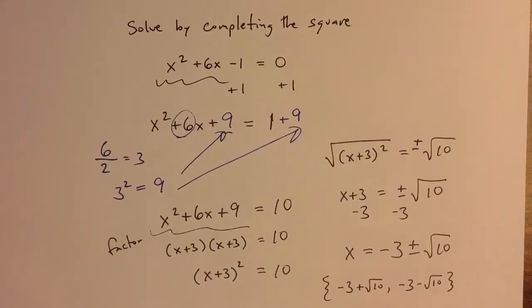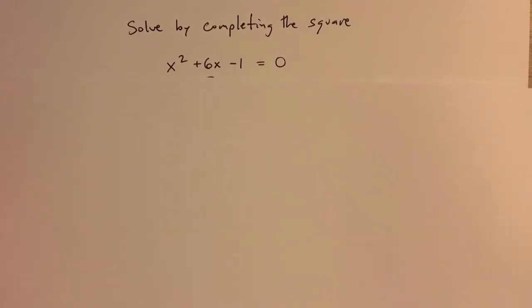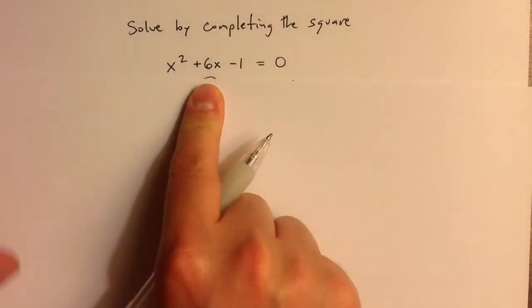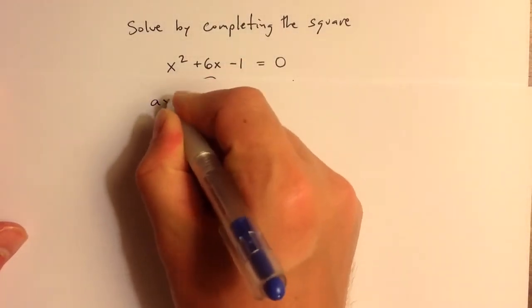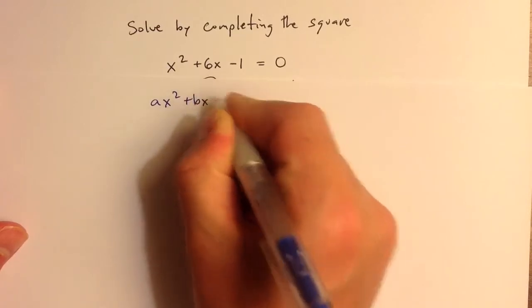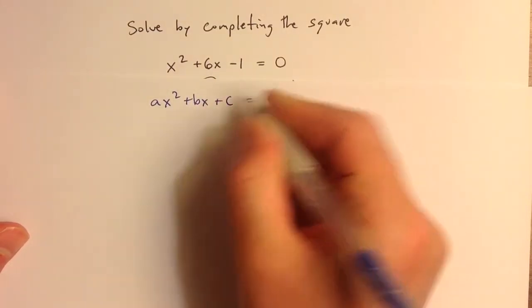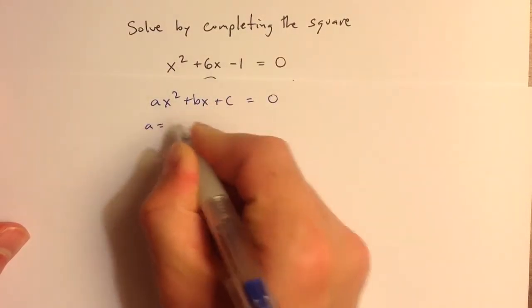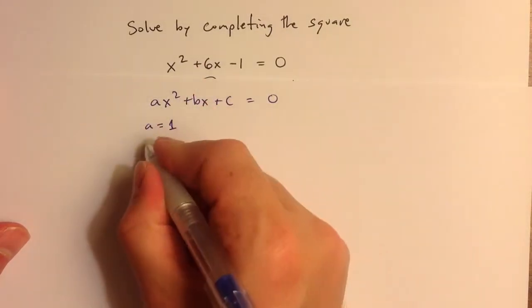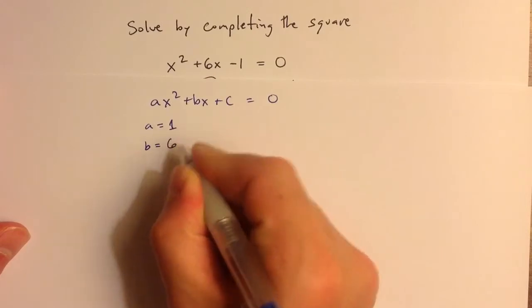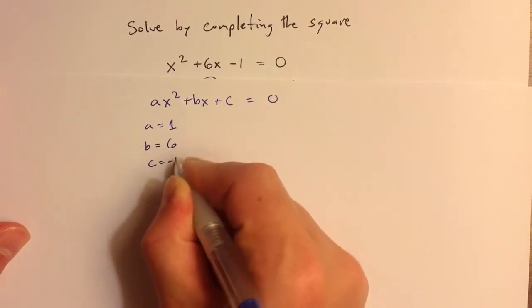Now let's see how we can use the quadratic formula to check our work. The equation that's given is set up in standard form, in the form ax squared plus bx plus c equals 0. So we see that a equals 1, because there's no number in front of the x squared term, b equals 6, and c equals negative 1.